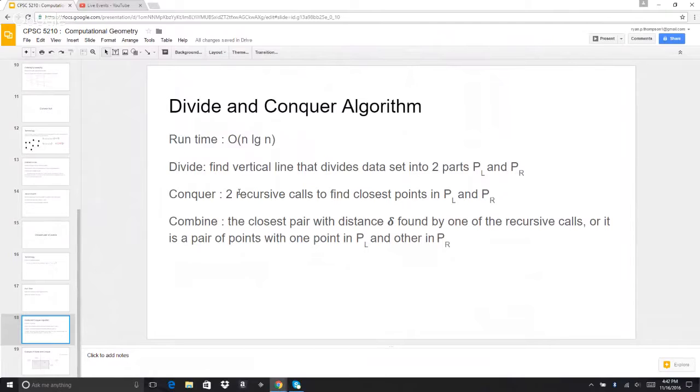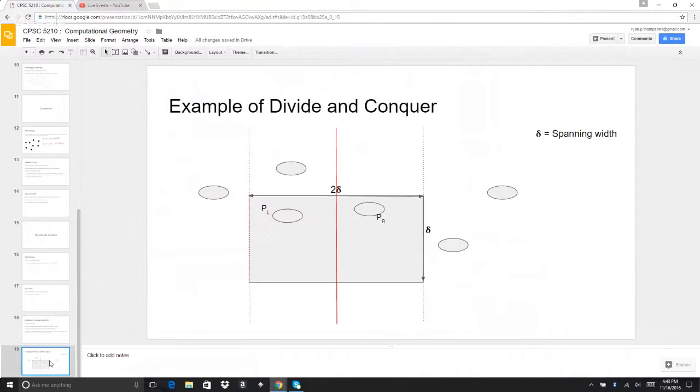The first step of divide and conquer is, of course, to divide our set P of points into left and right sides. Then we're going to conquer by calling the distance function twice, for the left side and the right side. Once we've determined the distance of those that have been divided, we'll look at the closest pair found, delta, in the left and right side.